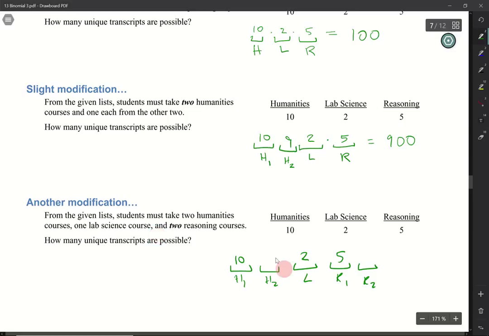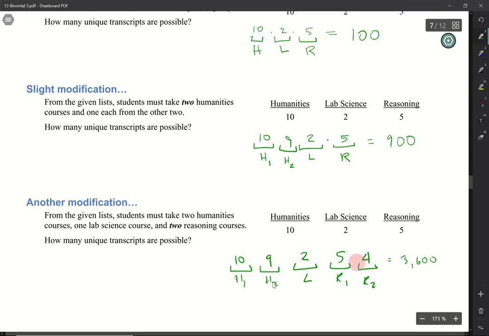Then, just as before, this one's 9, so this is the same as the previous one. Now this one has got to be 4. So we have 900 times 4, and now we have 3,600.